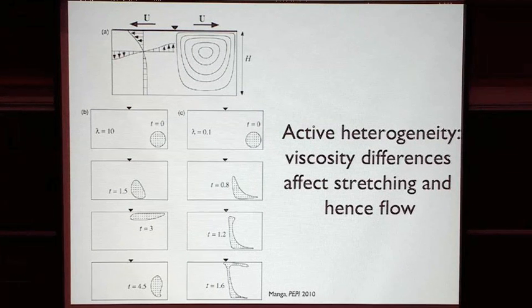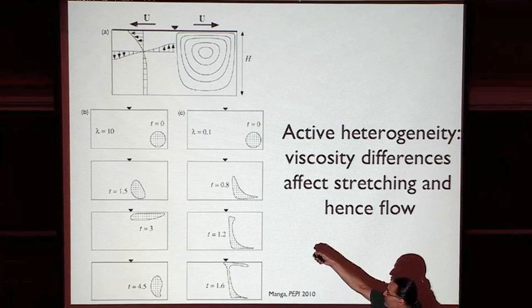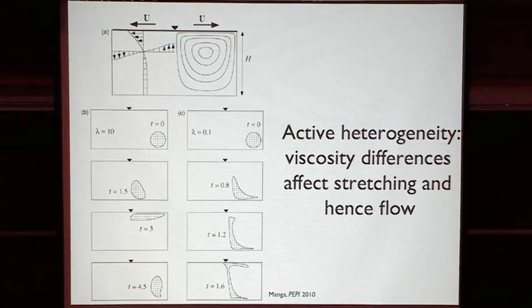And as these plates move, it's easier to drag fluid over this low viscosity surface here. And this breaks the symmetry of the flow you see on the top, carrying the blob with it towards the zone of divergence. But the main point of showing these three examples was to highlight the fact that the nature of heterogeneities does affect how they get stirred. And there's a secondary feedback through the flow itself.